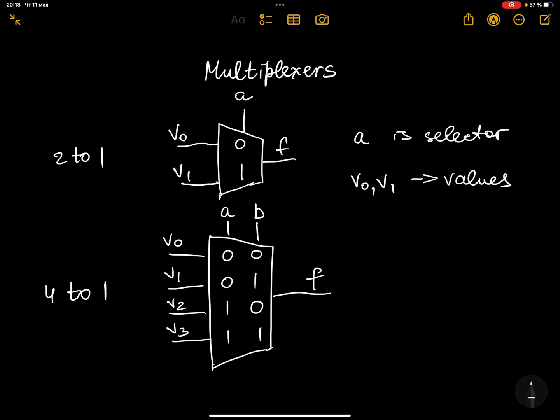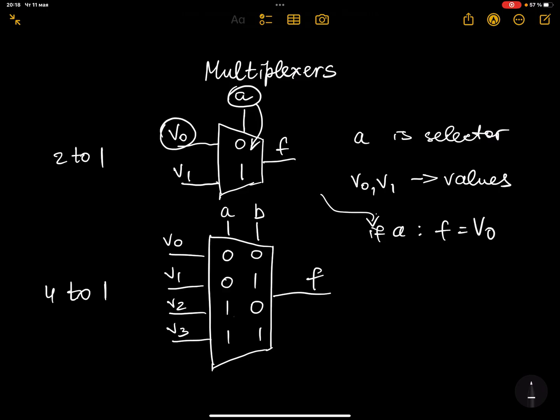So the basic idea of a multiplexer is that you give the value of the selector, and based on the value of the selector, you get the value of the function. For example, here, if the value of a, which is the selector, is 0, then the value of the function is going to be v0.